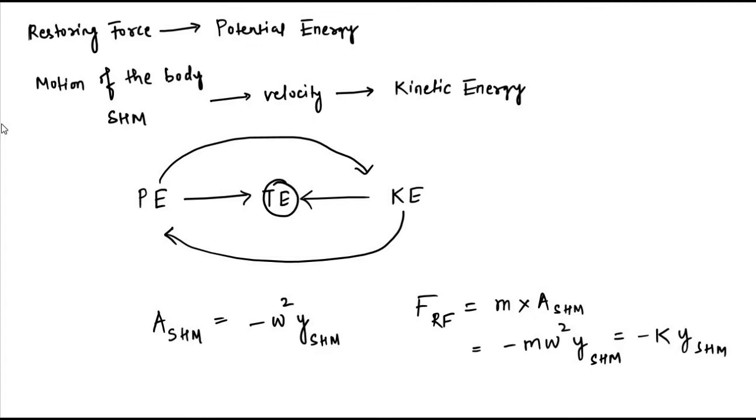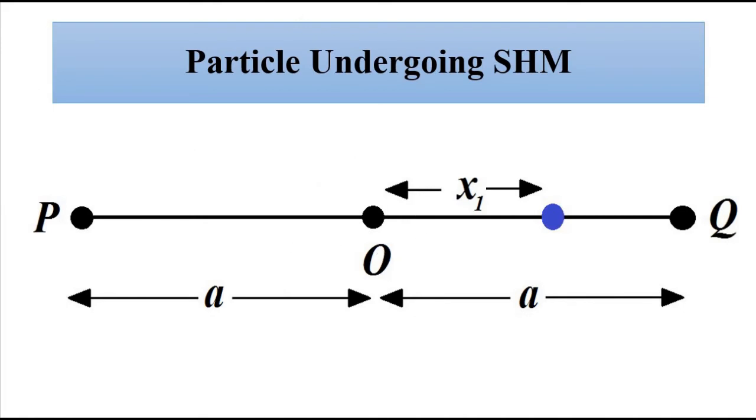Now, under the influence of this restoring force in the opposite direction, let's say a particle undergoes a small displacement dy. The small amount of work dw which has to be done against the restoring force to displace the object by a small margin dy is given by minus F dy.